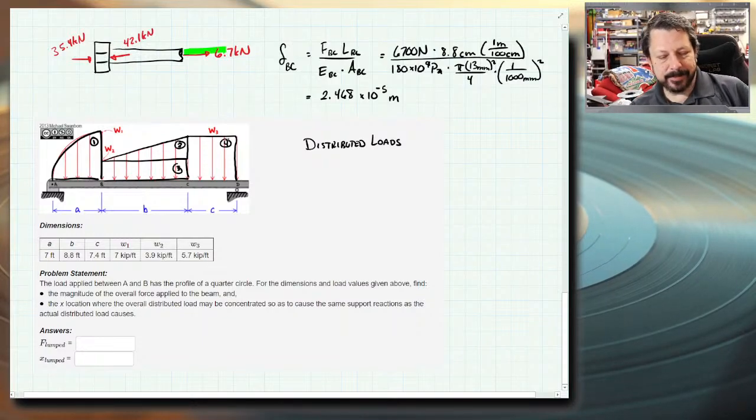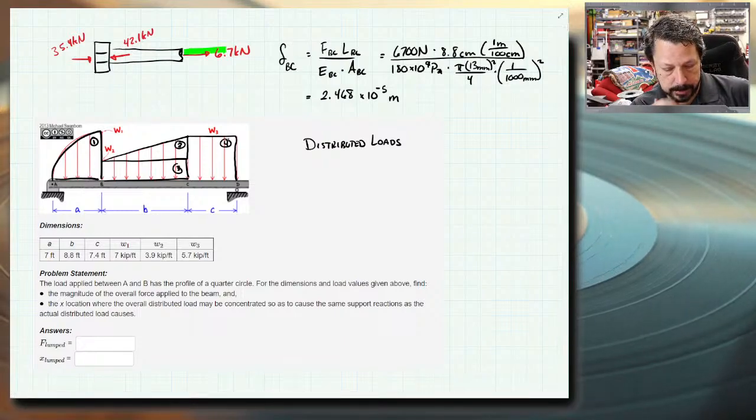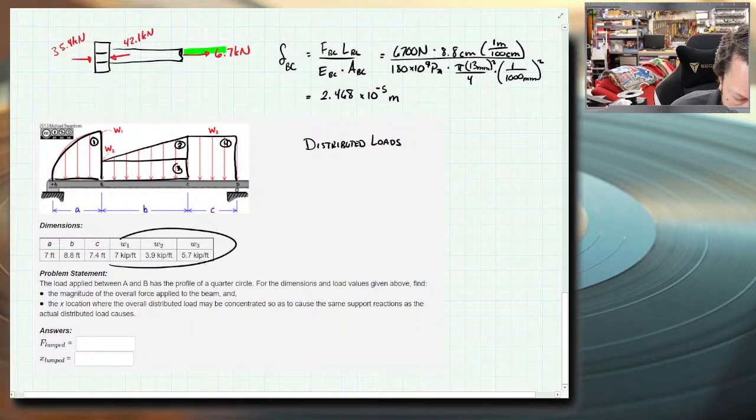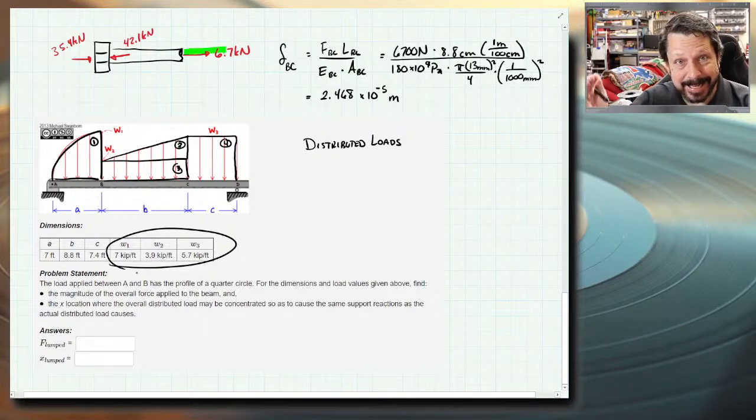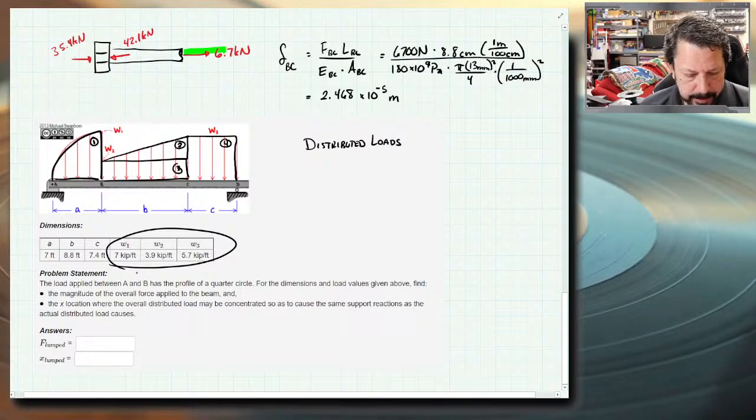The height of these, instead of being a distance, represents the magnitude of the force. So you can see these W values are representing the height of these shapes that we've drawn, and they're units like 7 kip per foot.